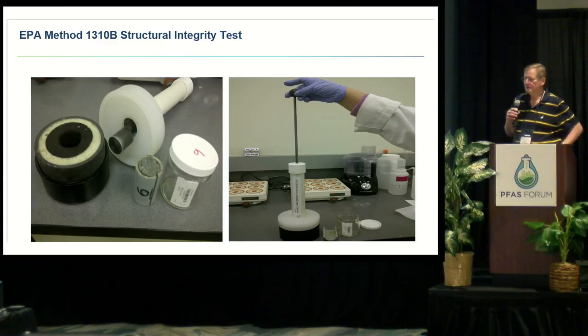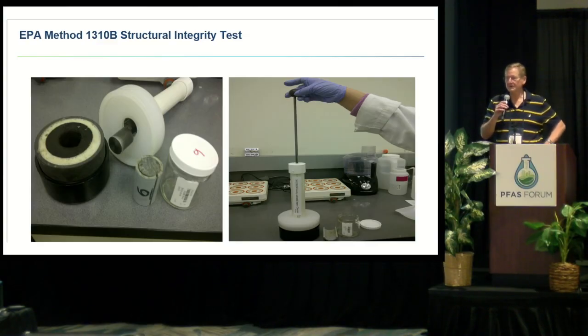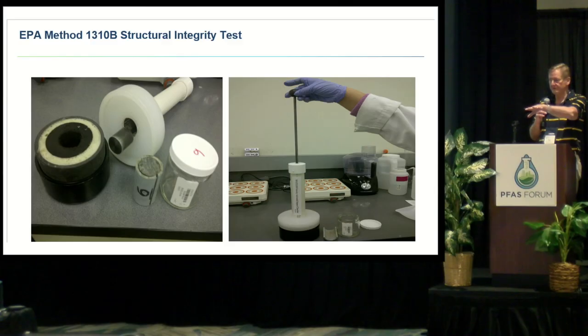For the last 20 years, I've probably encapsulated PFAS unwittingly for decades, but I'm doing it on purpose for 9 years. But for more than 20 years, I've been using EPA method 1310B. It's called the structural integrity test, and it's a soil cement test specific. I don't get to pick my methodology.